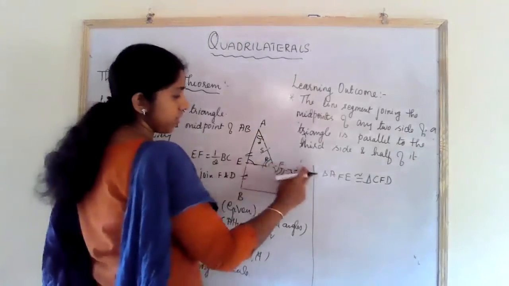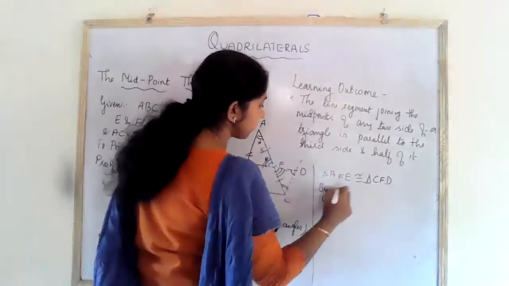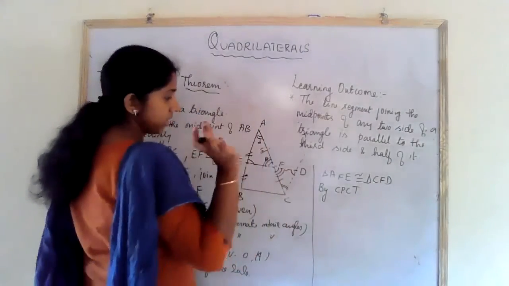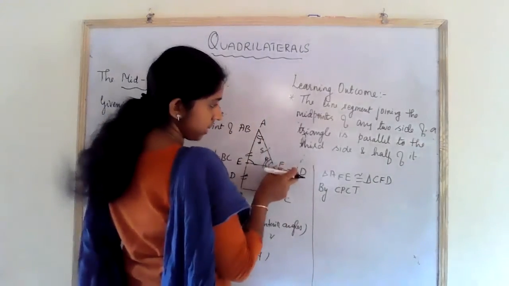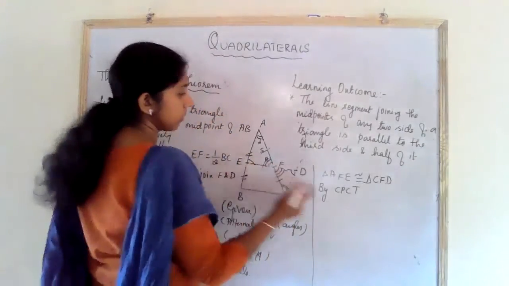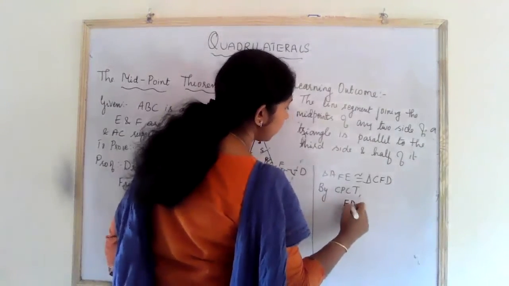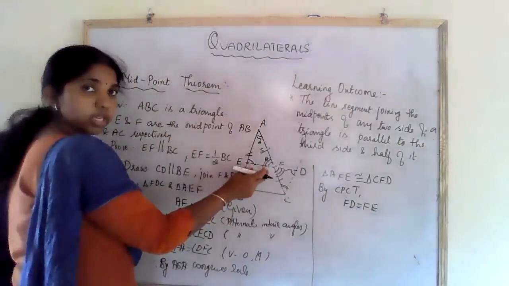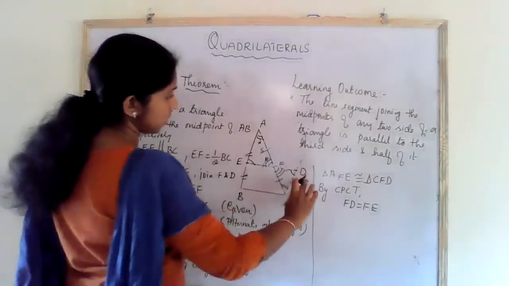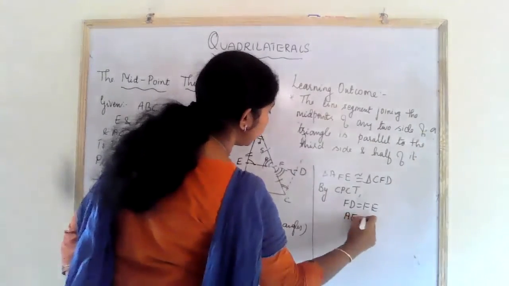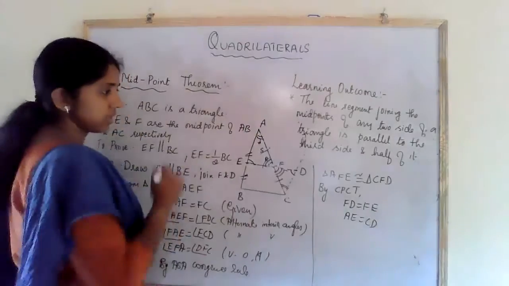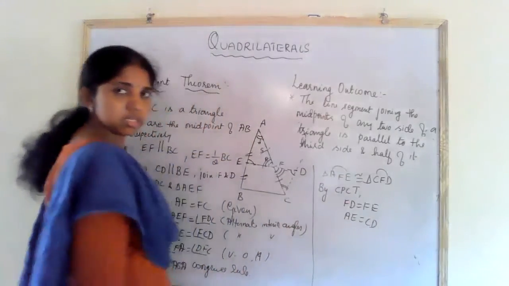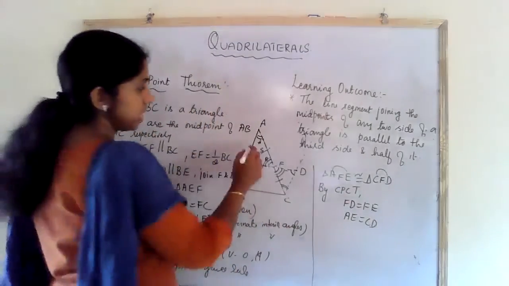Again, by CPCT, these two sides are already equal. Now FD and FE fall between them, so we have FD equal to FE. And what else do we have? AE is equal to CD by CPCT. Therefore, these two are equal.